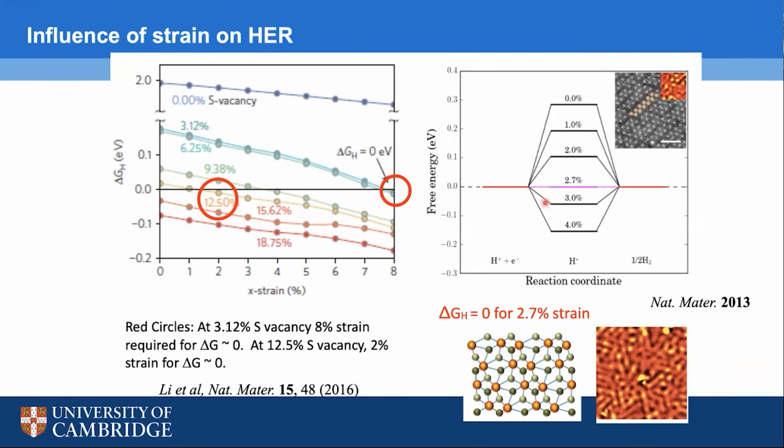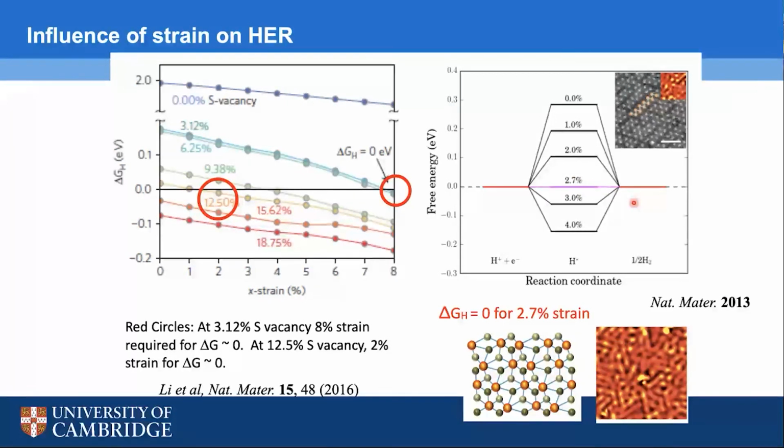Our own calculations from 2013 showed that when you have a highly conducting TMD compound with a sufficient amount of sulfur vacancies and also strain of around 2 to 3%, one can achieve this thermoneutral condition for HER. In HER, of course, we want the delta G to be close to 0 because we want the proton to adsorb onto the active site and the hydrogen to desorb from the catalyst as well.